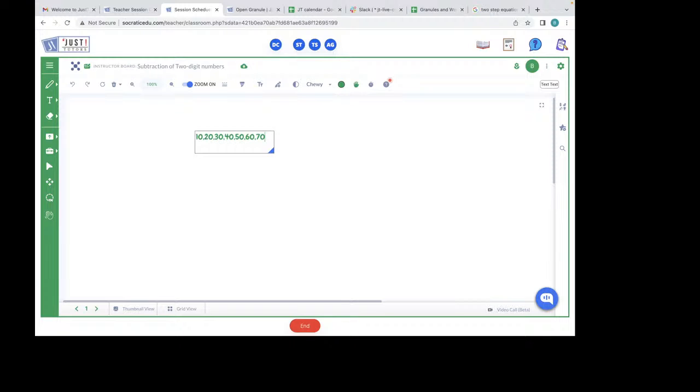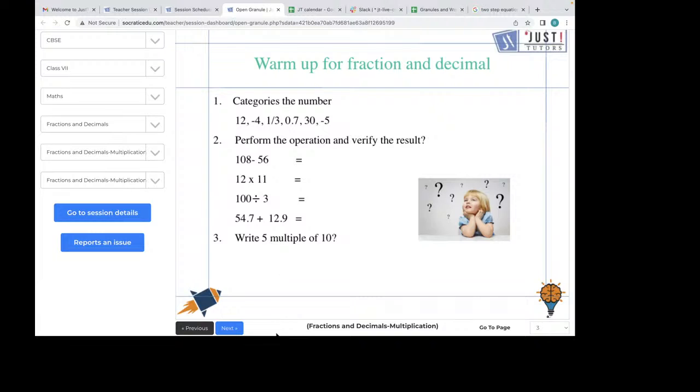That will be 70, 80. All those numbers which have 0 in the ones place are the multiples of 10. Okay, so now let's move on. This is a simple warm up. We have just warmed up to prepare ourselves to do the multiplication of decimals and fractions.